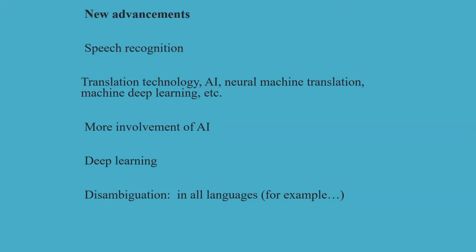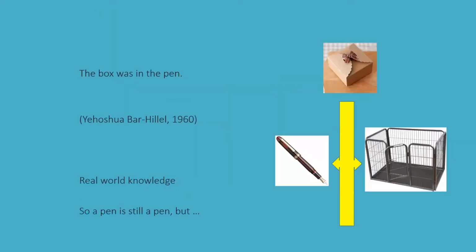For example, this very early example: the box was in the pen. Instinctively, we can see this sentence is syntactically correct, but semantically quite confusing, because it's somewhat in contradiction with our world knowledge.